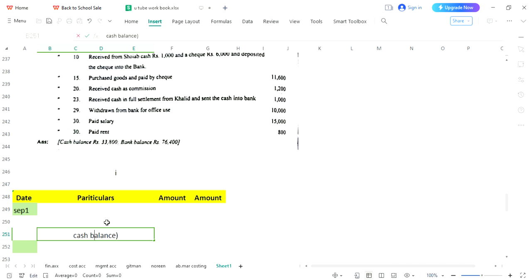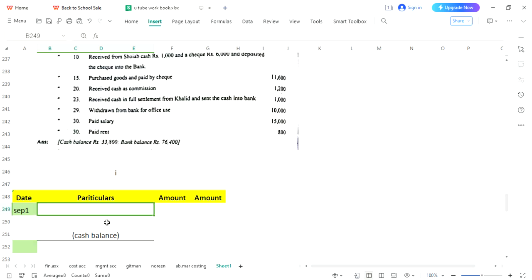Cash is not going out, cash is not coming in, just a balance which is in hand. It is favorable. Favorables are assets. Assets should be debit, so you will debit cash. On the other hand, as it has been said, cash is not going out nor cash is coming in. It means nothing to write on credit side. Just for the reference, you will write balance.